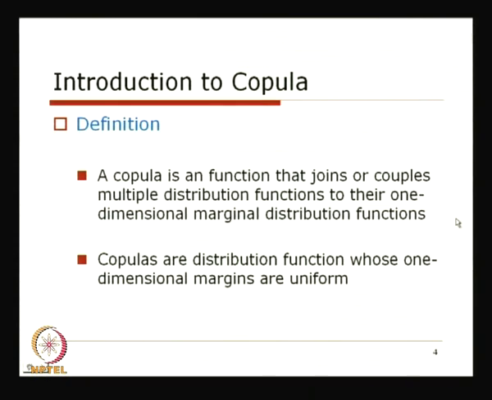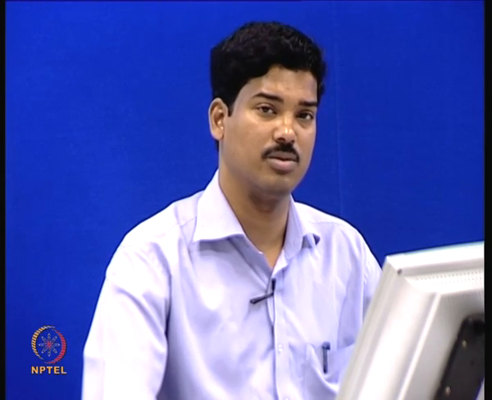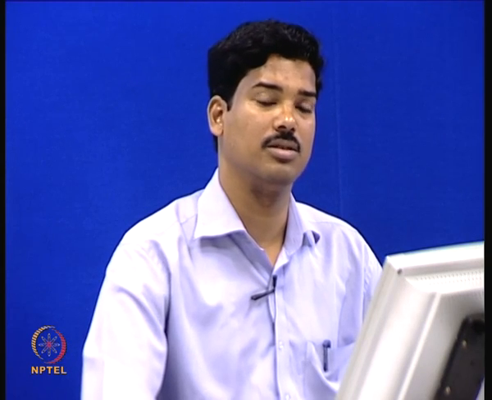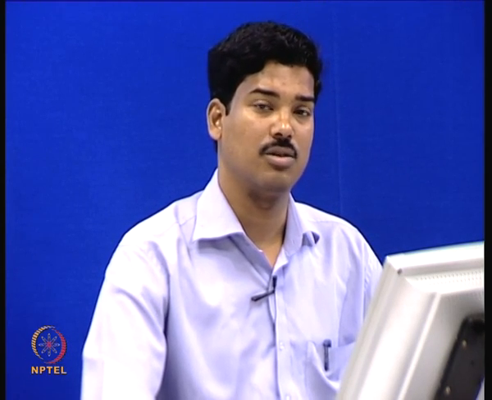One dimensional marginal distributions for each of the random variables involved are available. These have to be joined, coupled together, to obtain their joint distribution, and this is done through a function, and that function is nothing but what we are talking about, the copula.